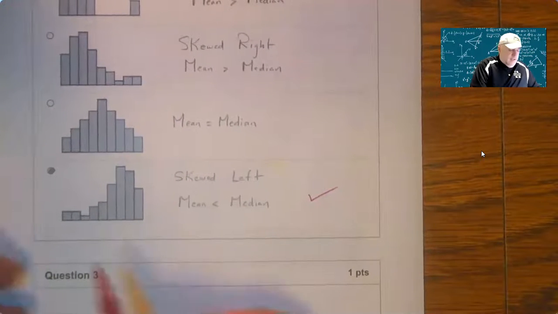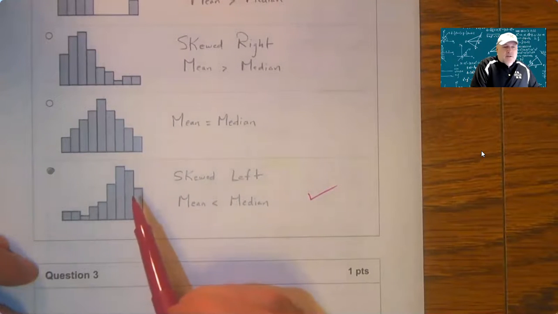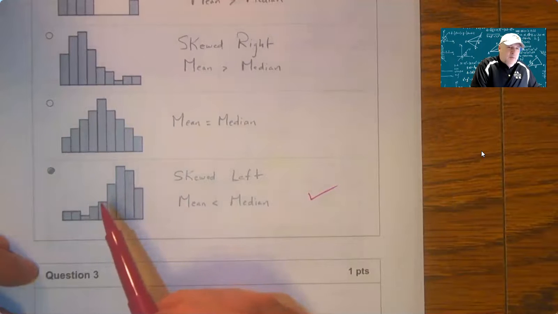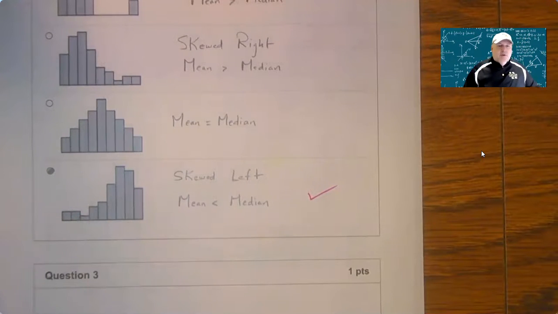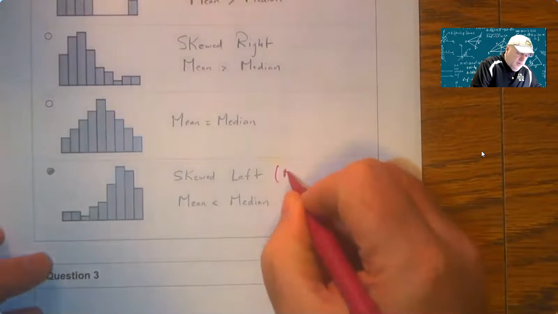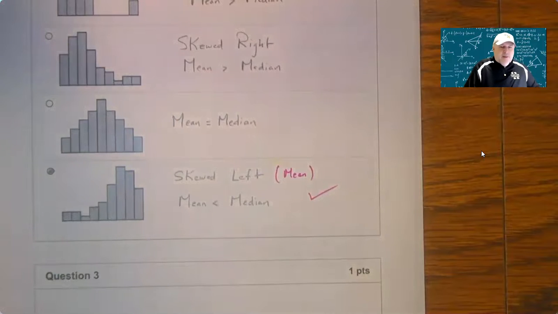The idea is most of your numbers are over to the right, so your median is located to the right, but your mean is more to the left because you have these outliers over here that skew the mean to the left. So when we say skewed left, that's the mean. It's pulled to the left by these outliers.